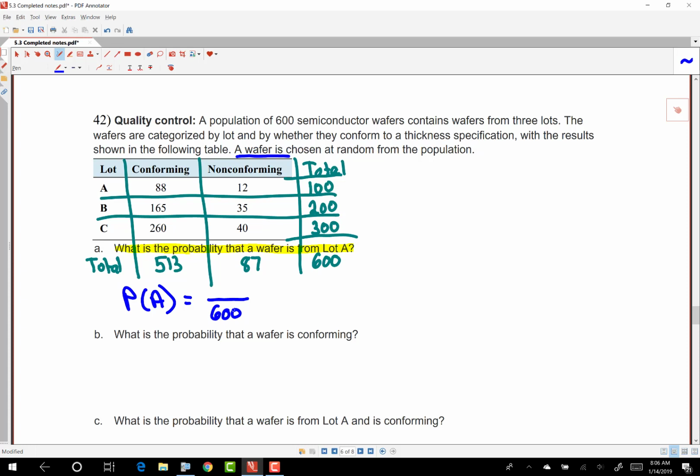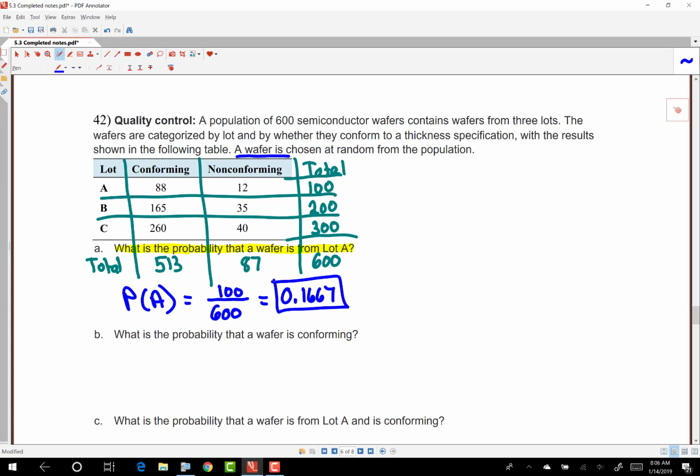So it'll be 600. And then how many came from lot A? Well, 100 came from lot A. So it's 100 divided by 600, or 1/6. Or if you want to convert that to a decimal, it's 0.1667. That's usually what I'll have you do on the exams, is convert them to decimals.